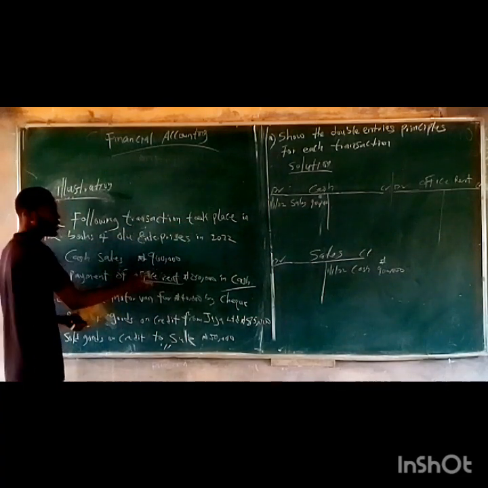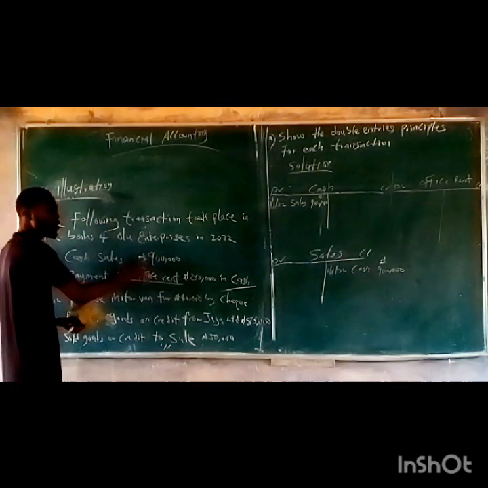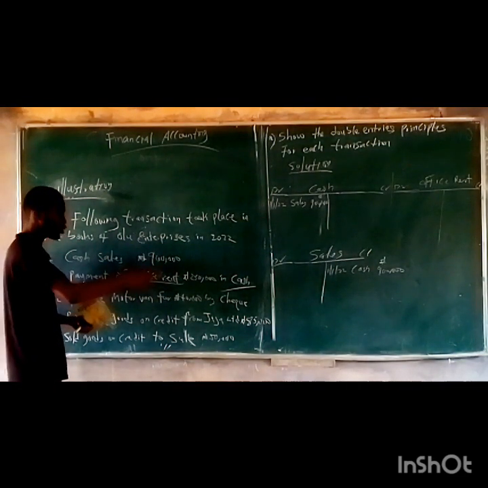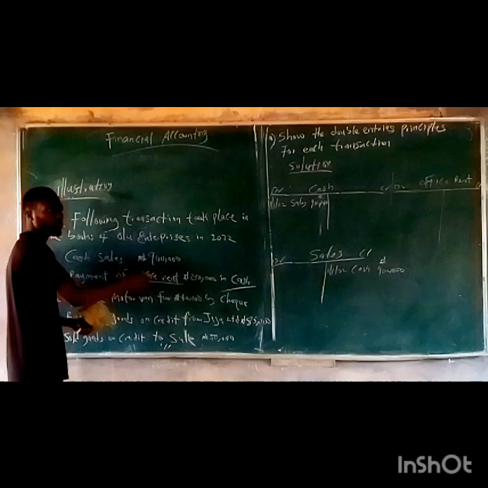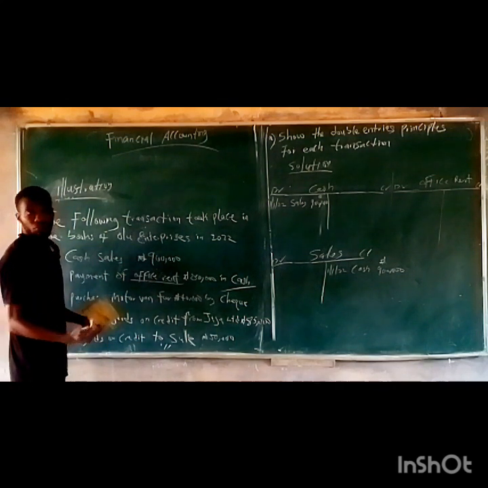Then the office rent, that means that they are receiving, that is the person you are paying to. So you are paying for what? You are paying for the rent. So that is why you debit the rent, because they will collect the money from you.